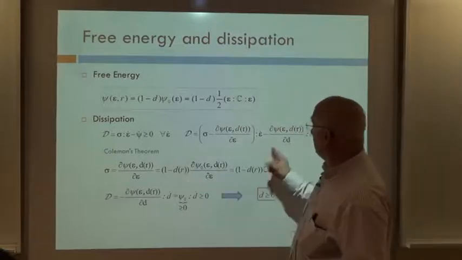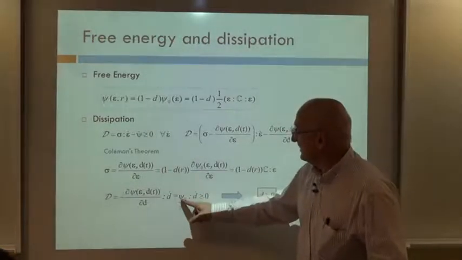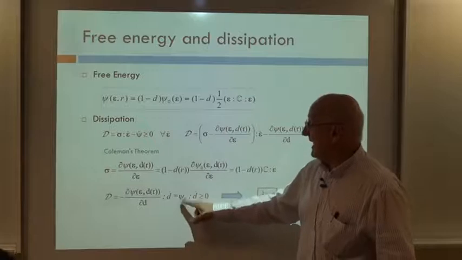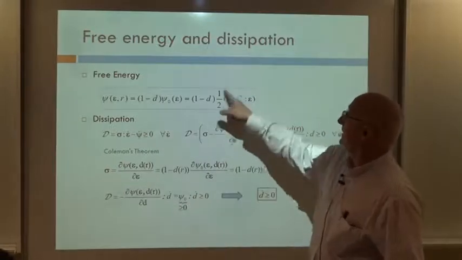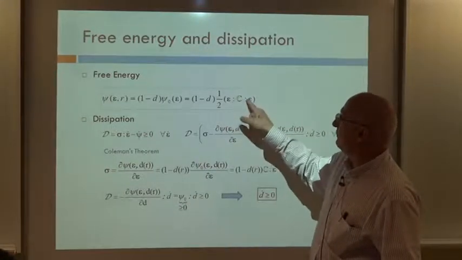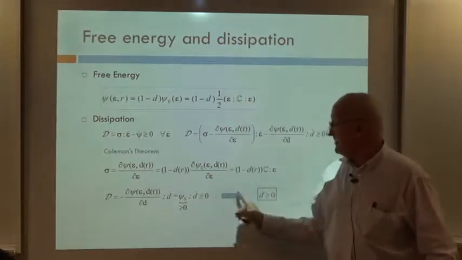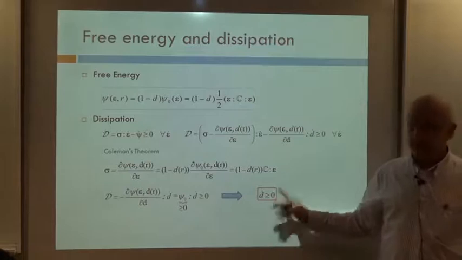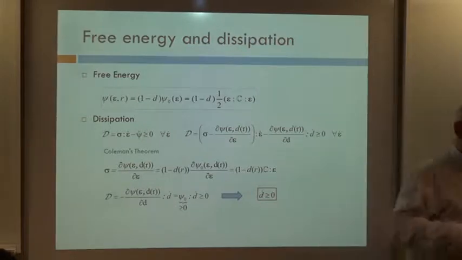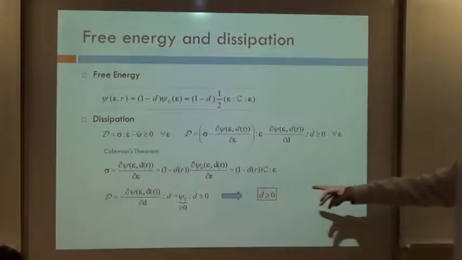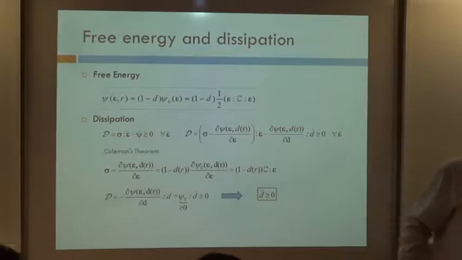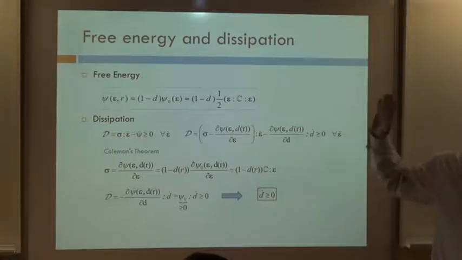And the remaining term, which is the dissipation, is phi 0 times d dot. Again, phi 0 is a positive definite quadratic form of C, so that is positive, which means that d dot is greater than 0. So the fact that we are in viscous damage doesn't change the fact that the damage variable always increases. Okay, so far it's the same.